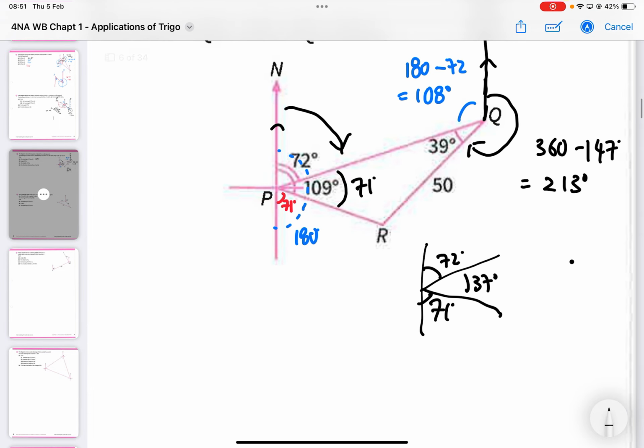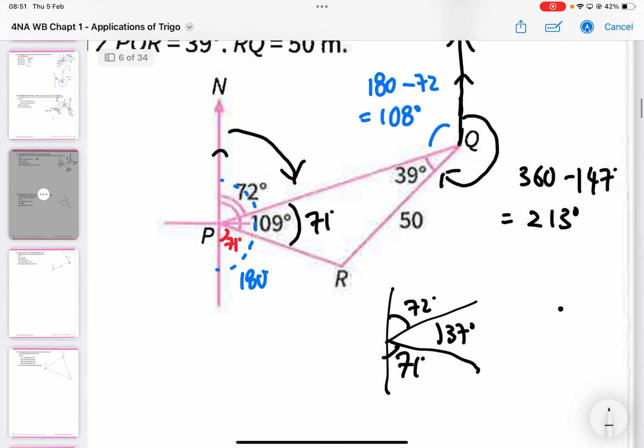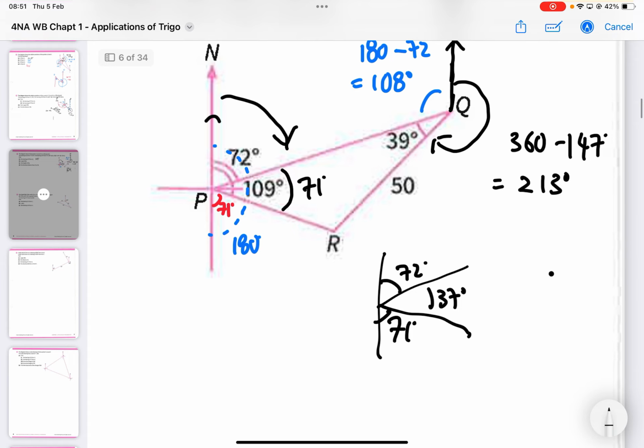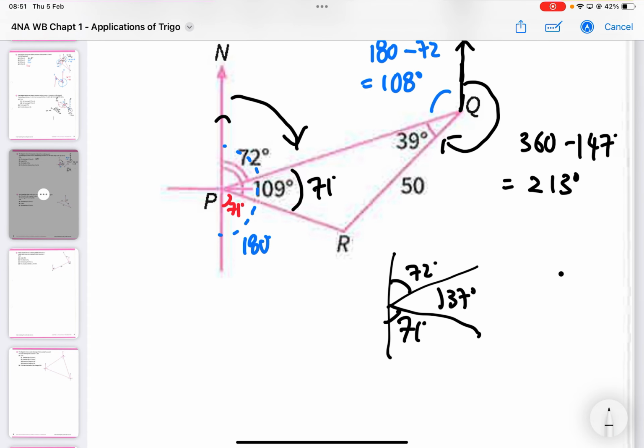Length of PQ. Okay, so sometimes when it becomes too much information, too messy, then it is good to just draw. 37, sorry.